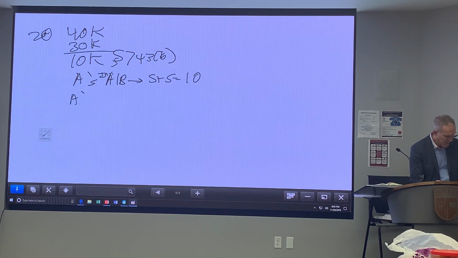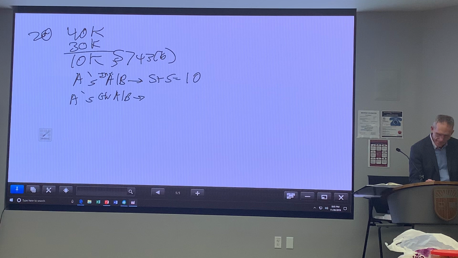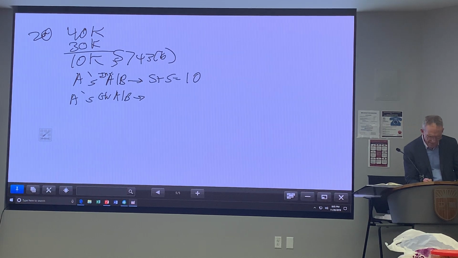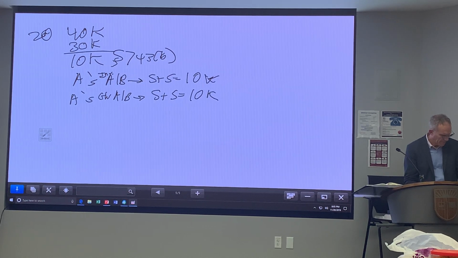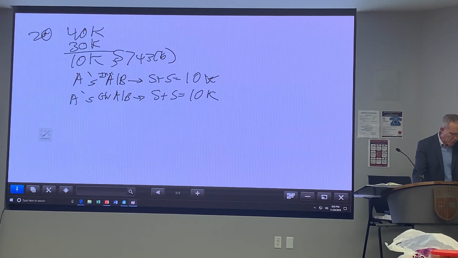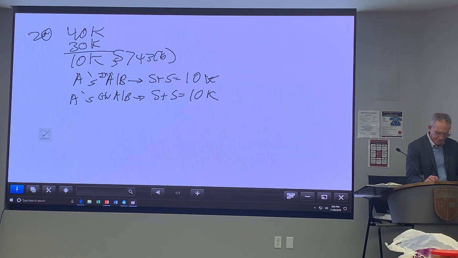And A's basis in the goodwill, the share is going to be 5 plus 5 again, equals 10K. So for your notes, A is going to again have a guaranteed payment of $5,000 under 736(a).